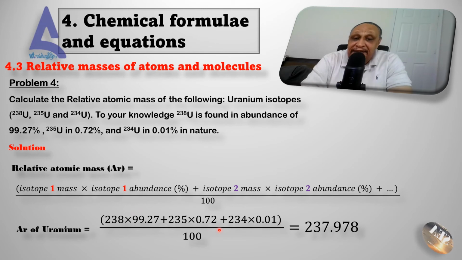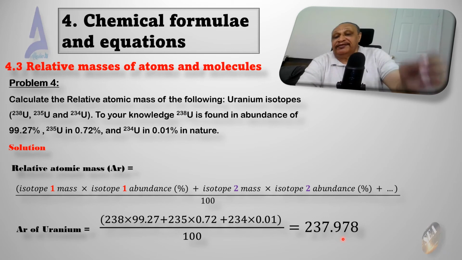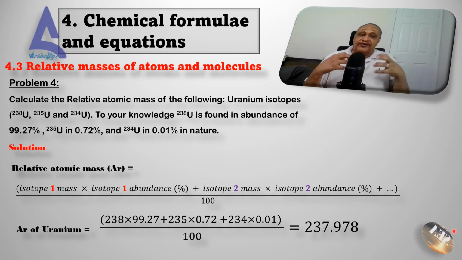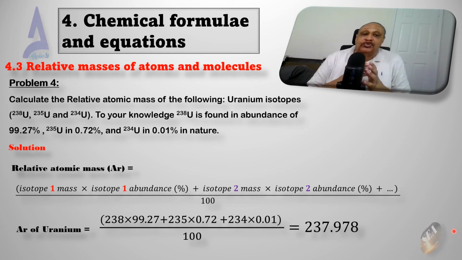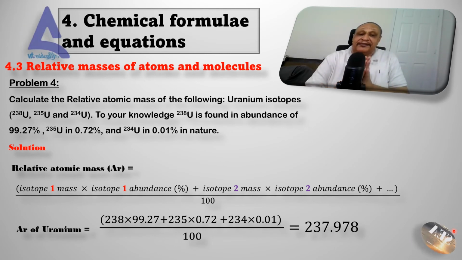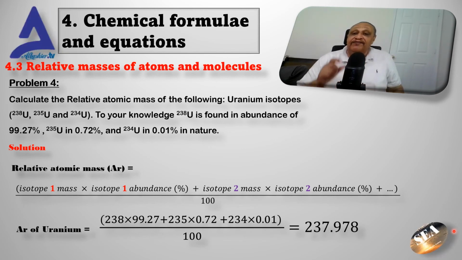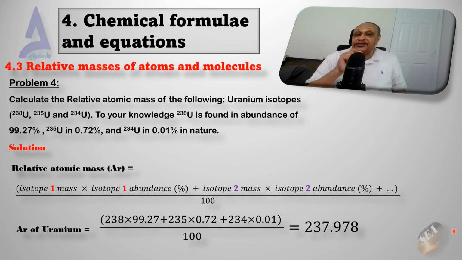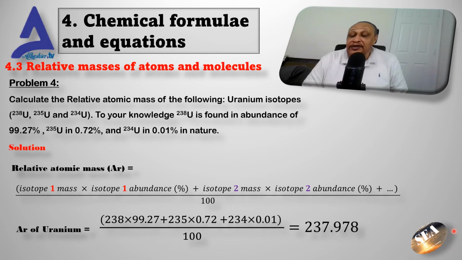And when we make this calculation and divide it by 100, it's going to be 237.978. And I put the three digits here because I want you to understand how close this is to 238, because it is the abundance. 99.27% of the time, if you pick a uranium from any part of the world, it's going to be uranium-238.